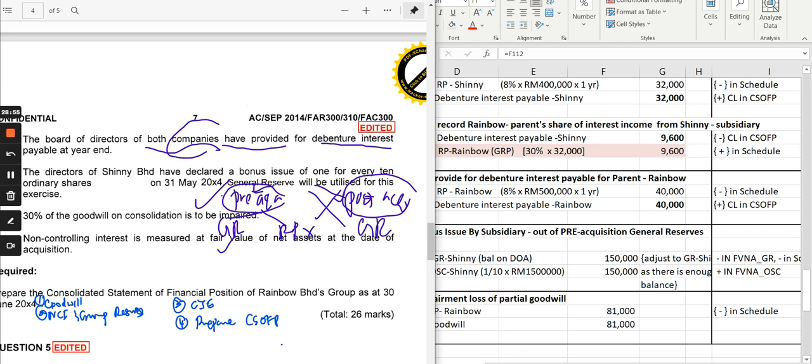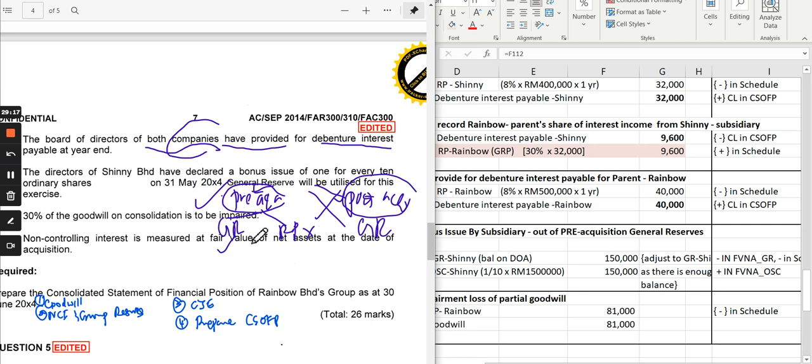If you are interested to know the treatment of bonus issue out of post-acquisition reserve, I have published a video using another question, September 2011 edited version, where I have shown the detail on bonus issue out of post-acquisition reserve. But here our focus is bonus issue on pre-acquisition reserve.